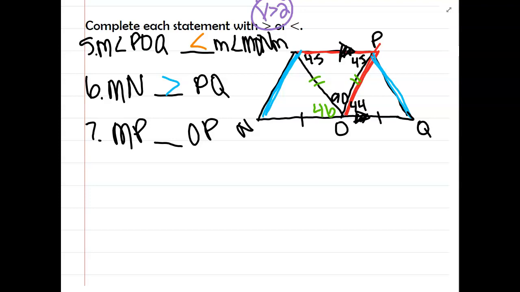I agree with that. MP is greater than OP, but how do you know that? Yeah, remember yesterday we talked about inequalities in one triangle that the larger angle, 90, is bigger than 45, which means that side is going to be bigger.